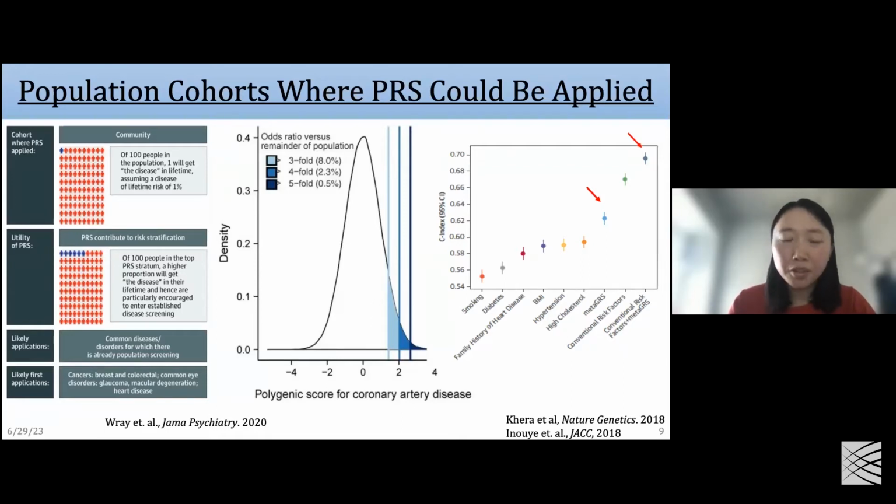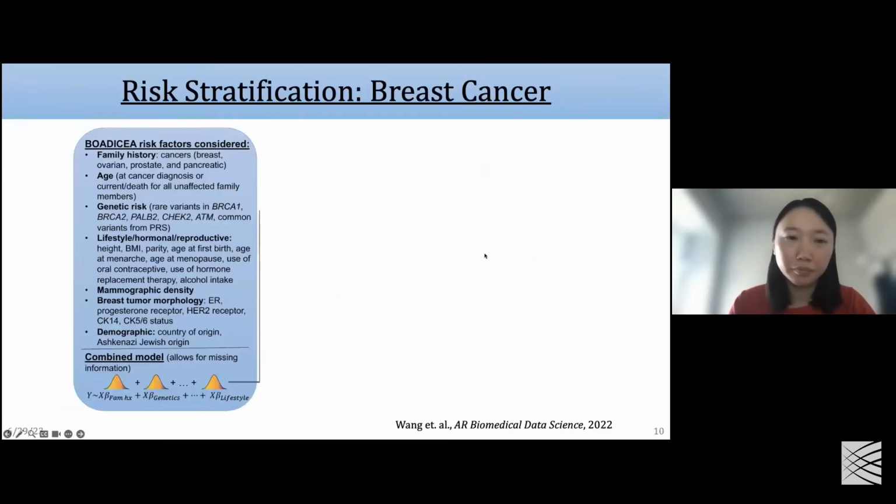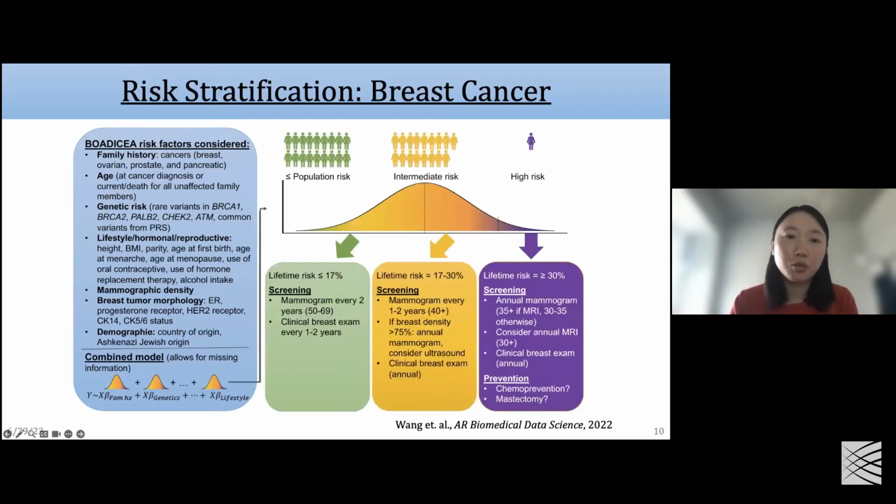Another use case for such risk stratification is breast cancer. The BOADICEA model for breast cancer integrates different levels of risk factors, such as family history and age, where the genetic risk can integrate both rare variants and common variants from the PRS. This combined model can stratify individuals in the population into different levels of risk.